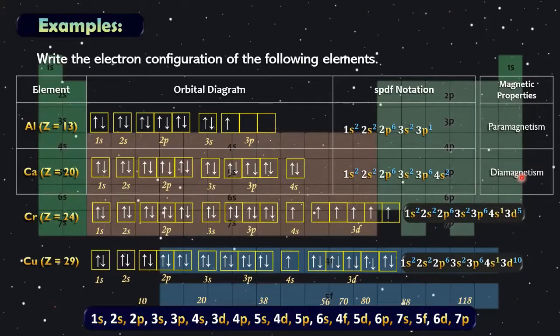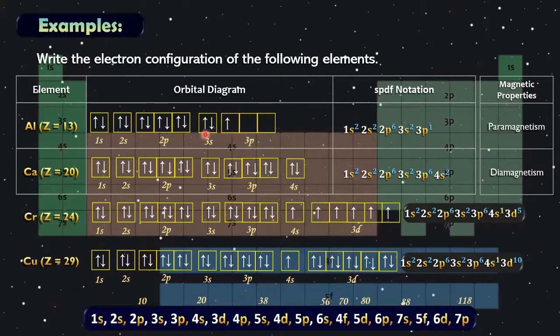And paramagnetism and diamagnetism can be easily identified if we have the orbital diagram of an element, because an element is paramagnetic, or attracted to a magnet, if it has unpaired electrons.